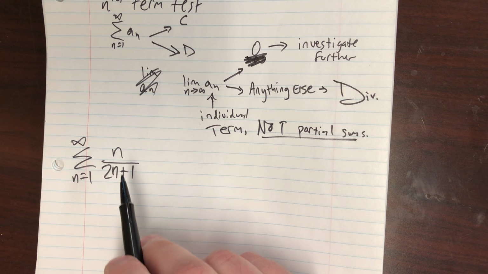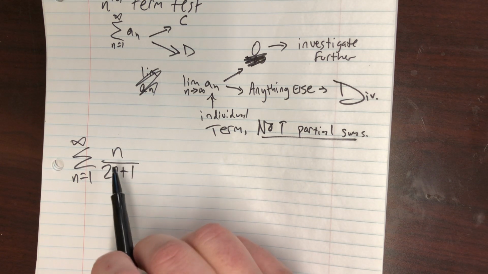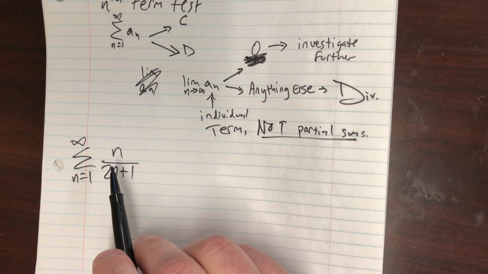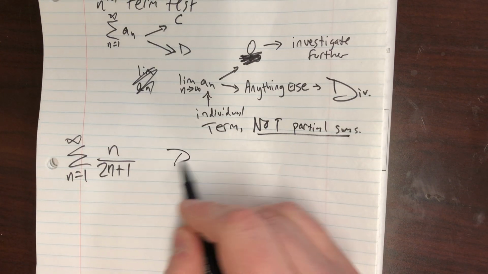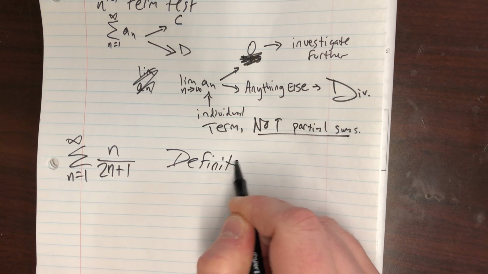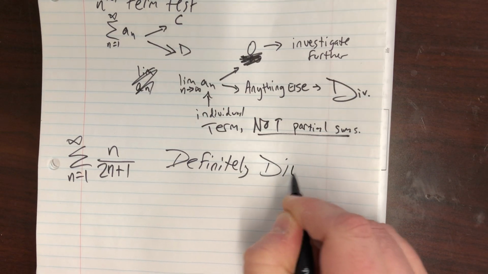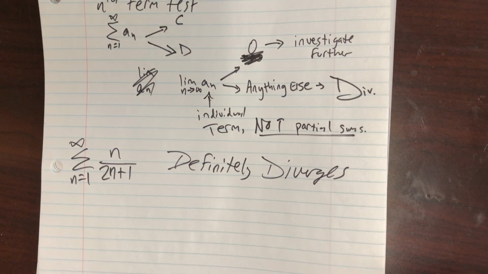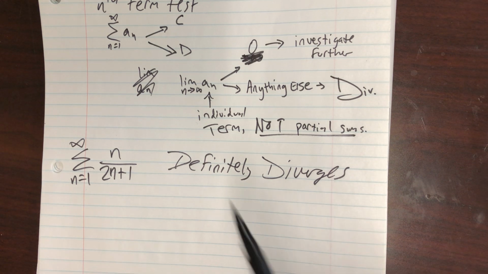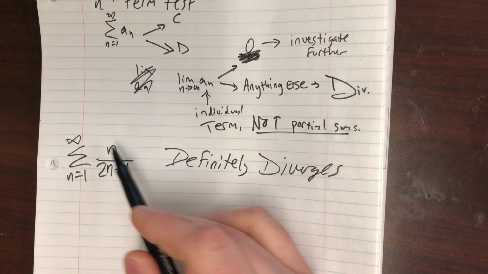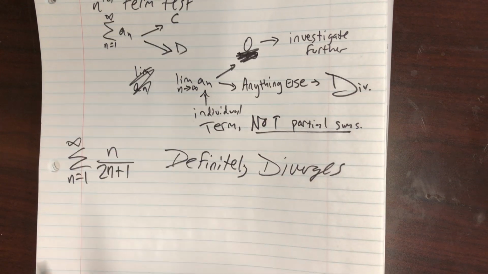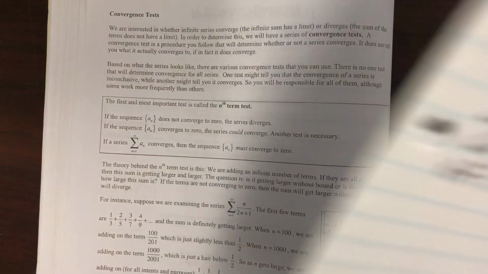You keep adding them up, you're eventually going to get to infinity. Because of that, this definitely diverges. And I like the alliteration there. I like using definitely diverges because it definitely diverges, whereas otherwise it could converge. Since this is not going off to 0, it's going off to a half, it definitely diverges.